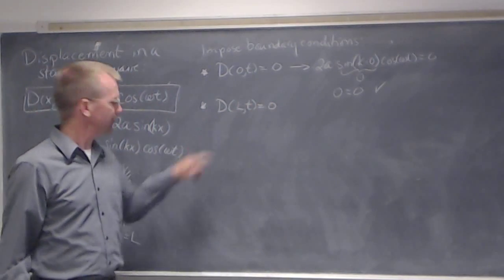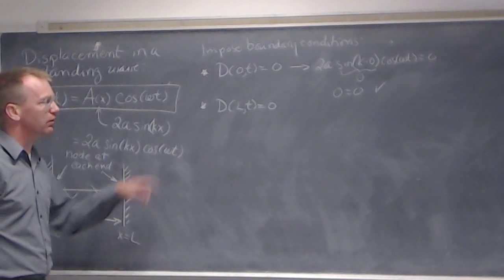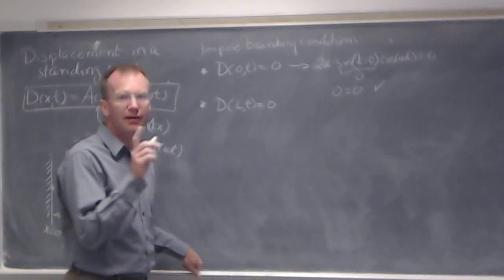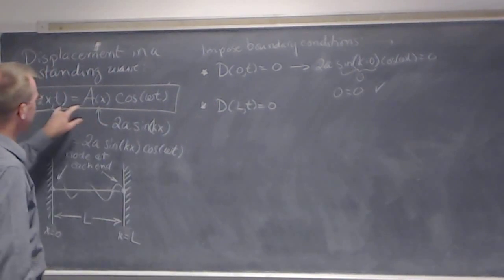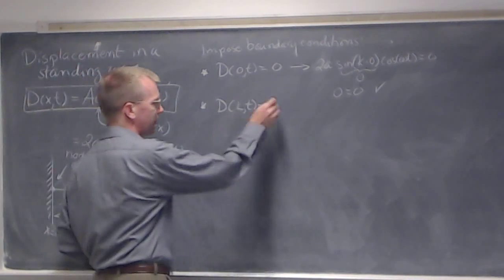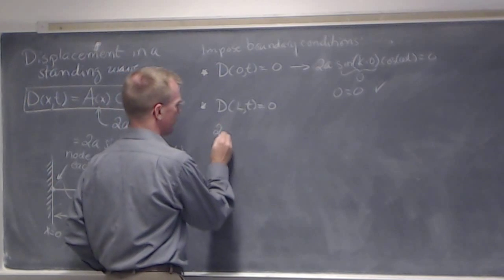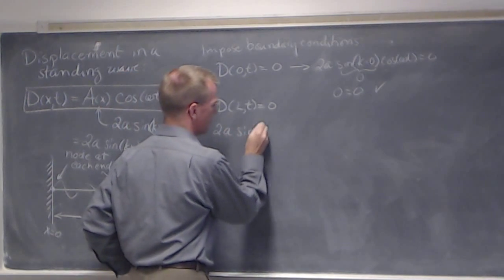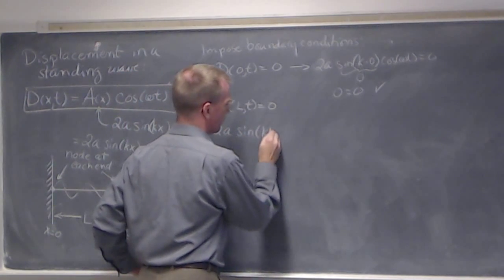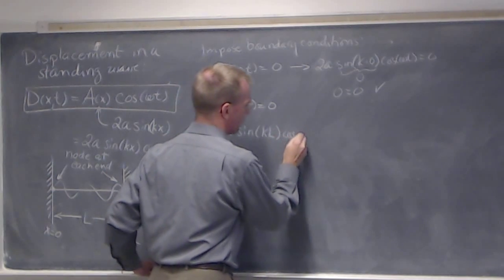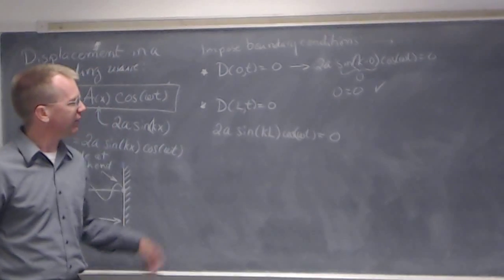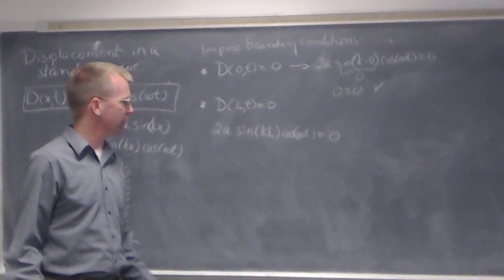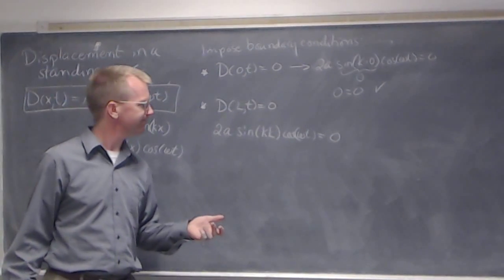The displacement at x equals L is also 0. Now let's see what happens there. I substitute in for the displacement, this equation, again, and set it equal to 0. Now, I've got 4 things multiplied by each other equals 0.